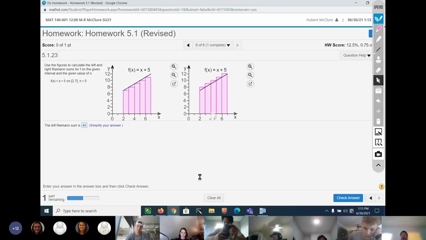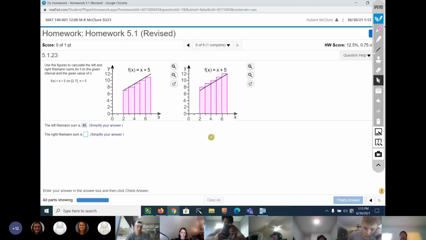All right, now you do this one. Find the area according to the right Riemann sum. Do that right quick. I'll be doing it quietly. Somebody want to tell me what number you got?